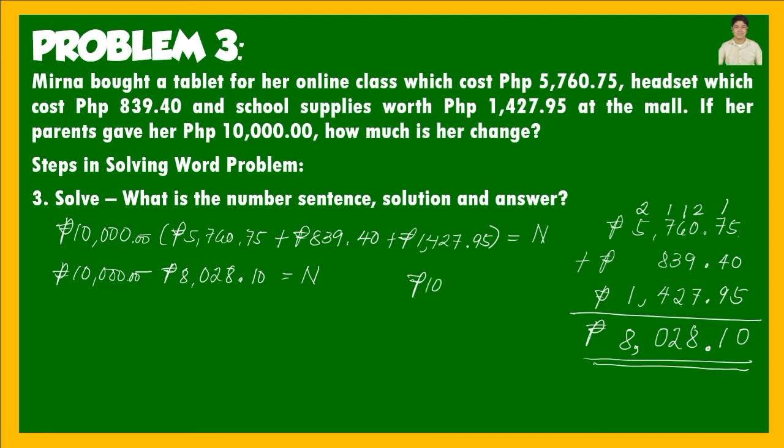Dito naman natin ipakita yon. So, 10,000 pesos. Ayan. So, may mga placeholders na tayo dito, yung dalawang 0. So, minus 8,028 and 10 centavos. So, ayan. Pwede na tayong subtract ngayon.